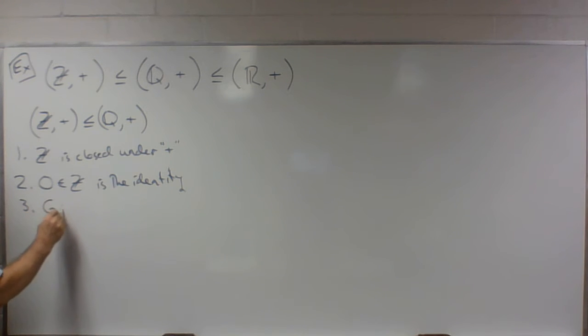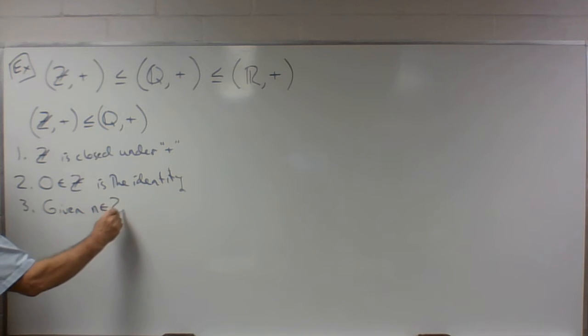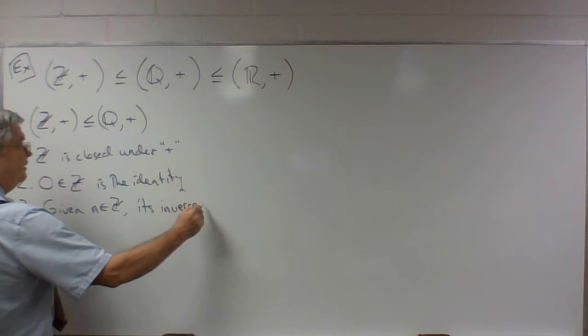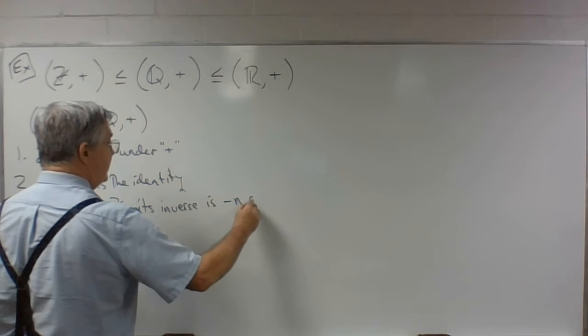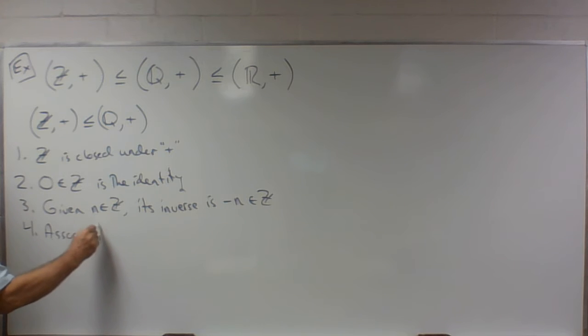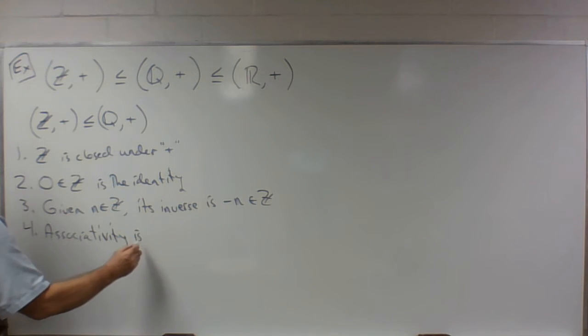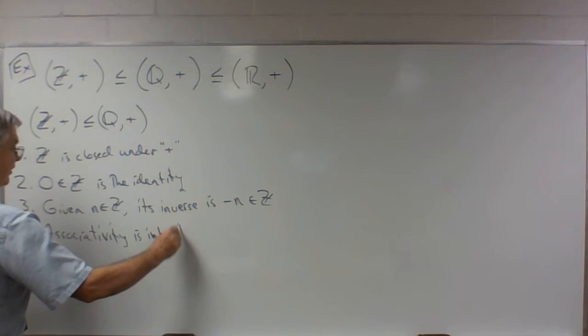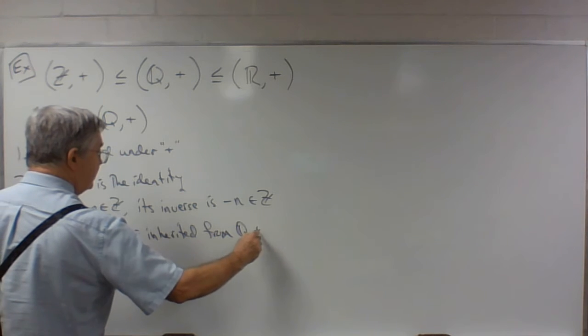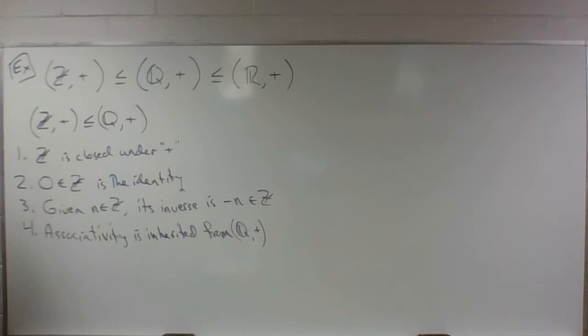And 3, given an integer n, its inverse under addition is negative n, which is also an integer. And for associativity, associativity is inherited from the rationals. So I just showed that the integers are a subgroup of the rationals.